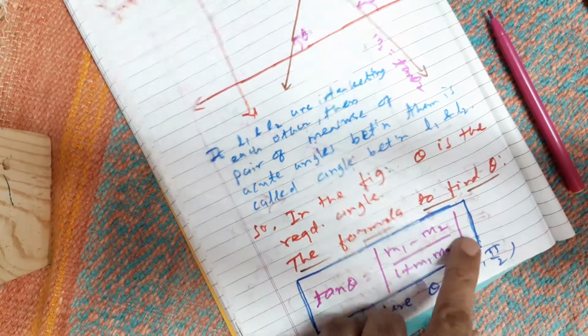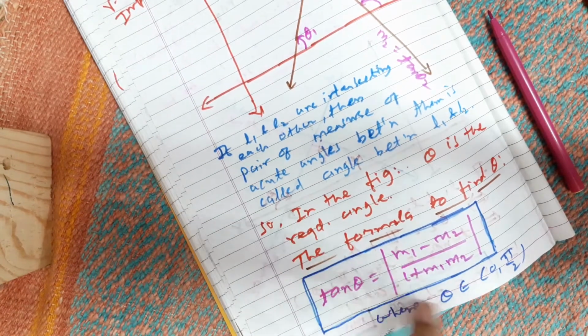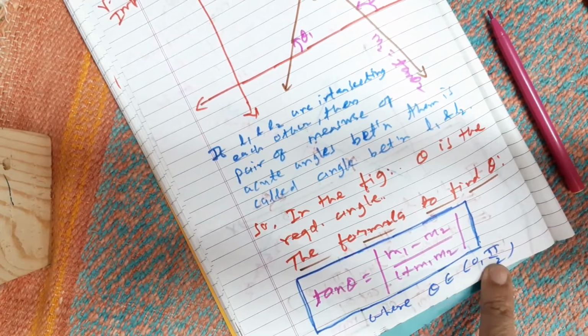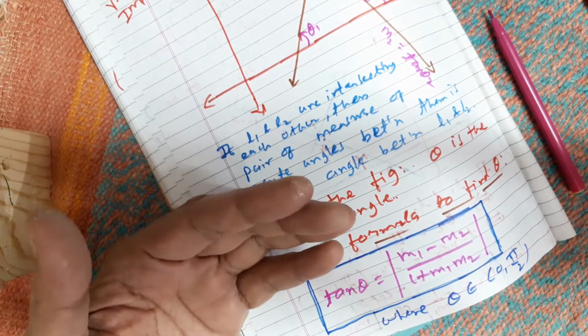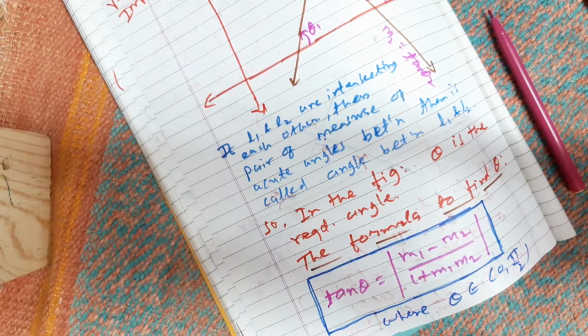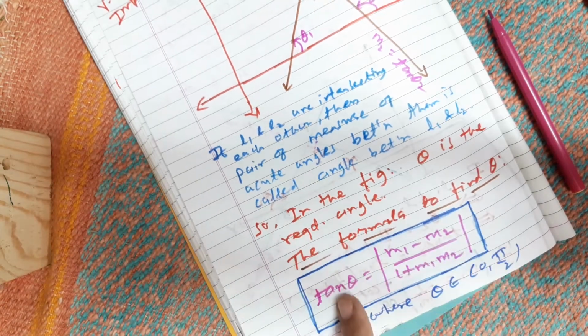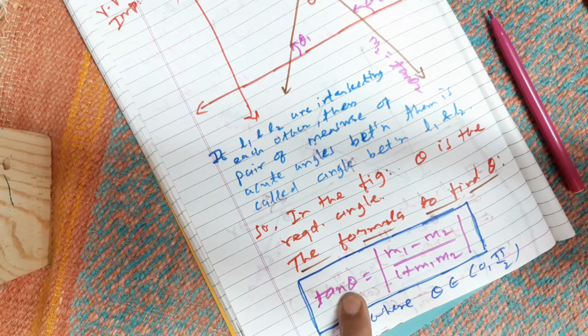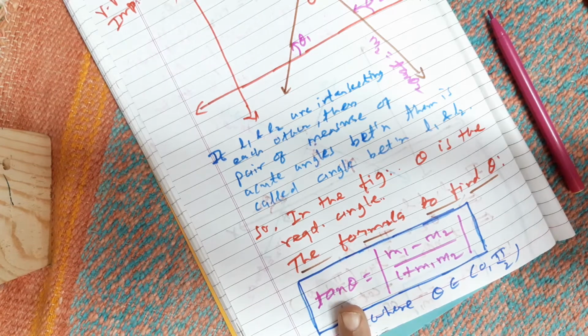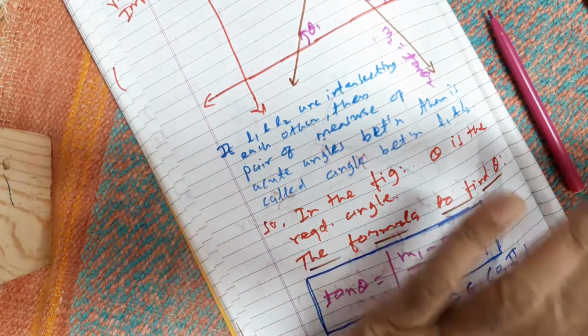The only thing you have to remember is that here theta is acute, means 0 to pi by 2 only, while in the slope theta is between 0 to 180, है ना? That is the slope of a line, this is the angle, and using this formula you will get the answer of tan theta, and from that you get theta.